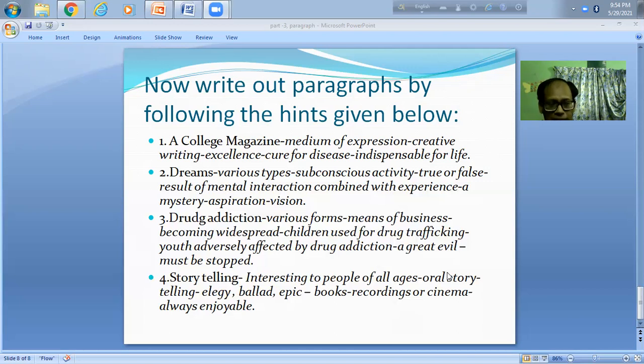Drug addiction, next. What is drug addiction? You know, addiction refers to the overpowering influence of something on human mind and activity.